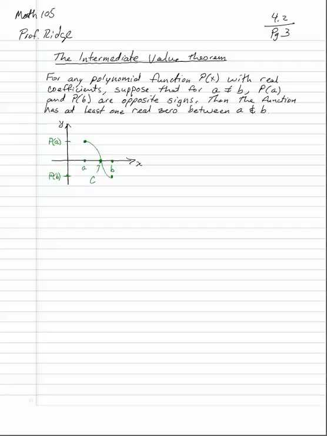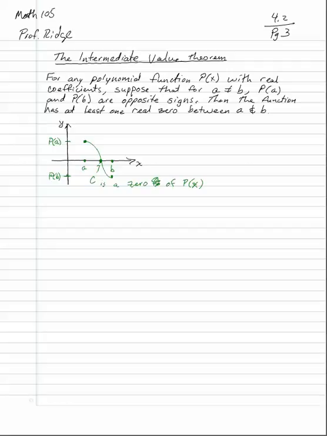So there's one zero. Okay, so there has to be at least one zero. We could have crossed it twice, three times, four times. Well, not two times.